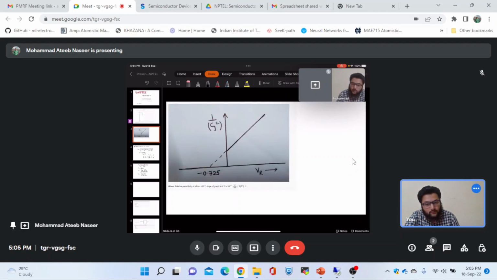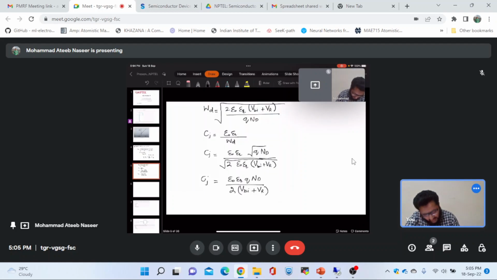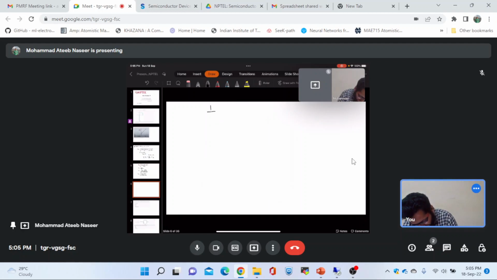But we are given the plot for 1 over Cj square. So let us take the reciprocal and square this thing, since this whole thing is under the square root. If I square this, it will simply become 1 over Cj square equals 2 times VBI plus VR divided by q times epsilon naught epsilon r Nd.